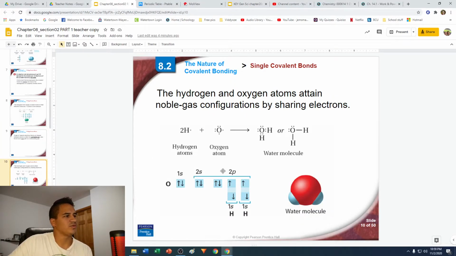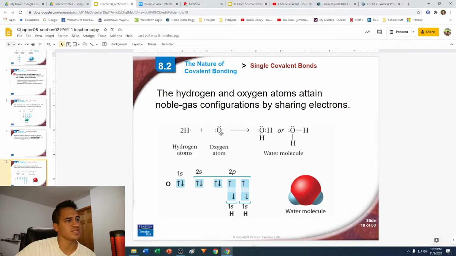So here's another example. We have 2 hydrogen atoms and 1 oxygen atom. This is going to be water. You'll notice that the oxygen has 6 valence electrons, 2 of which are not paired. So it has 2 open single electrons that need pairs, and the 2 hydrogen atoms each have 1 open electron.